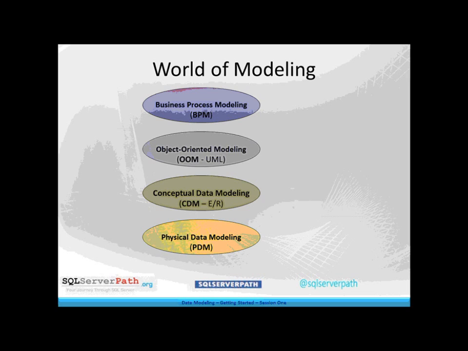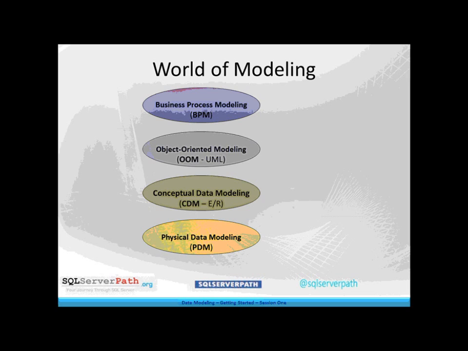But modeling is not just documentation. It is going to create a physical database for you. It is not going to be a bottleneck to your development. It can actually accelerate the development and can significantly reduce your maintenance.